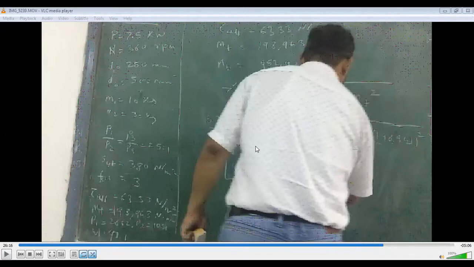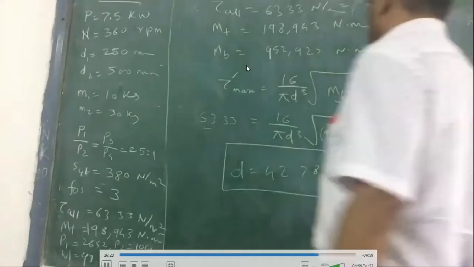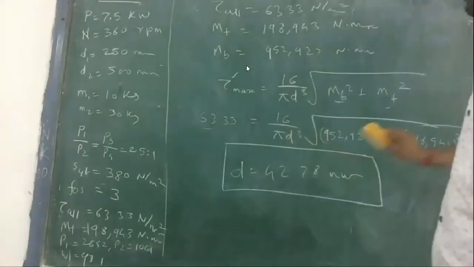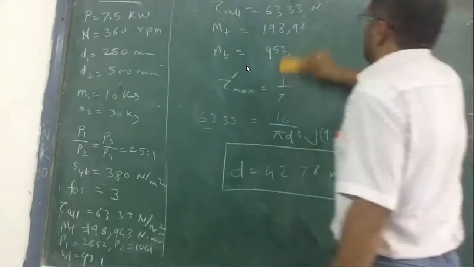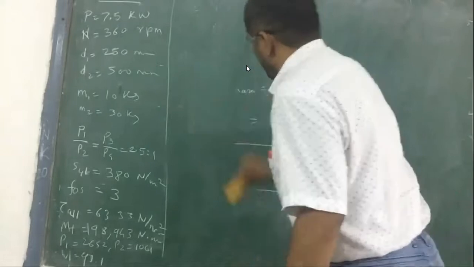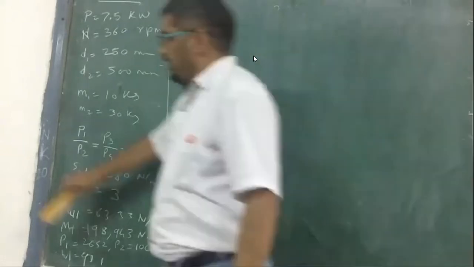The diameter of the shaft required, I hope, using the maximum shear stress theory. Now the second part of the problem. So I think the design is complete for the failure in the shear stress because of the torsion. It fails because of the shear, because of the torsion. So the diameter is 42.78.